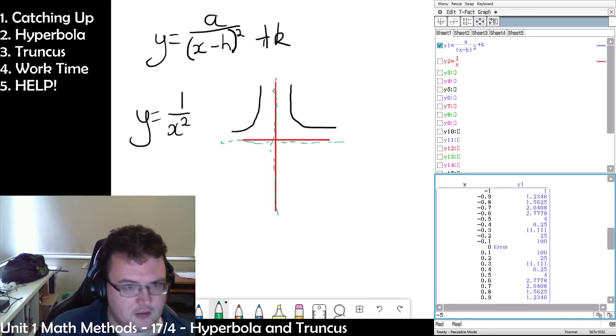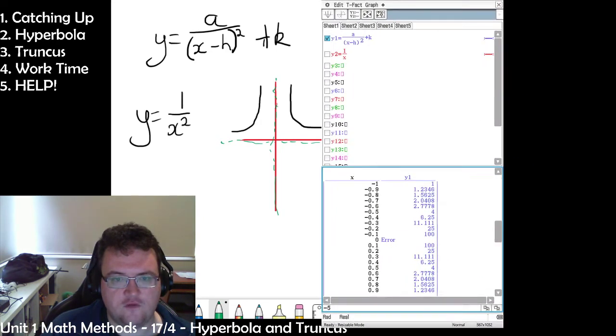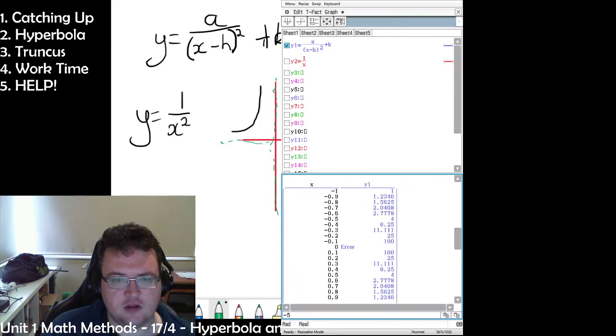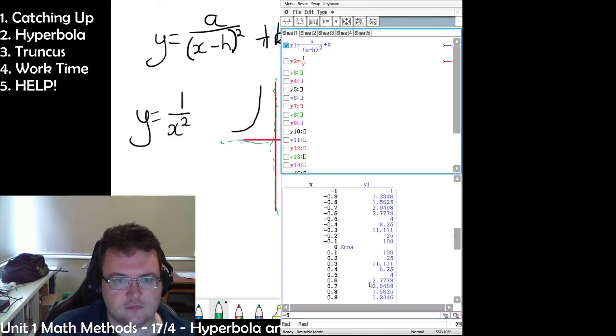All right, I'm just going to bring this over briefly. This is the part of the table of values I really care about, because I can see that as my values get closer and closer to where the asymptote is, they accelerate up very quickly.